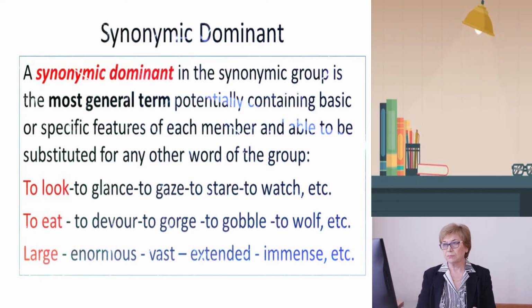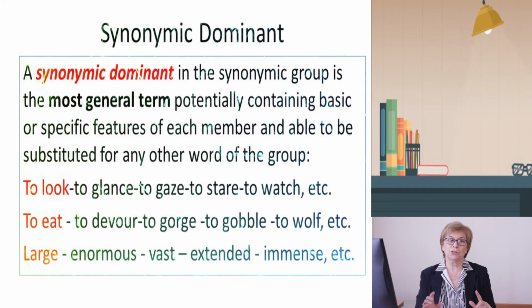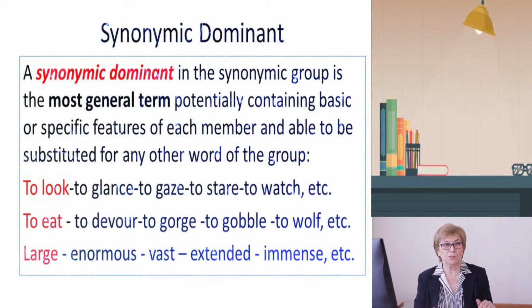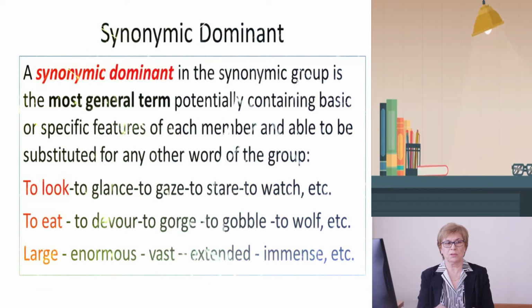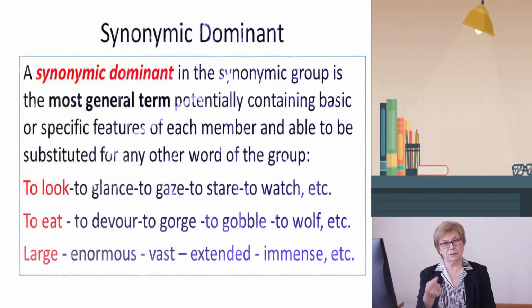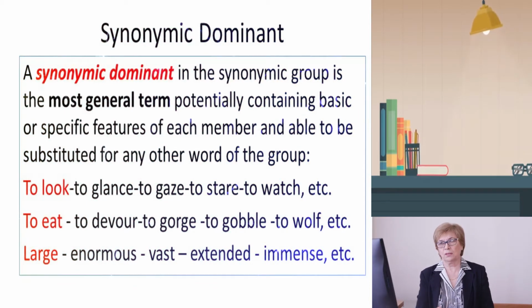Okay. But every synonymic group, every synonymic line, has one word which is more or less suitable in order to replace all of them, adding probably some additional evaluative words, or some emotional words like very much, greatly, you know, something like that, and adding some words describing the manner of doing this or that process.